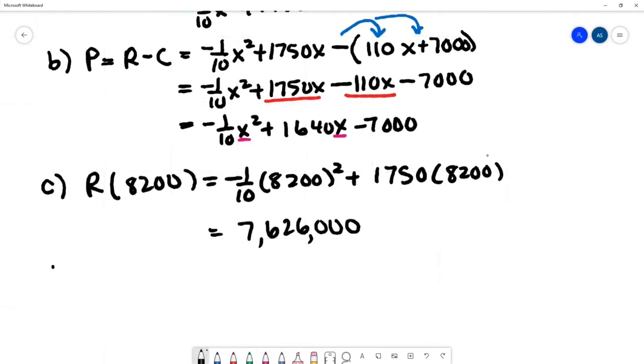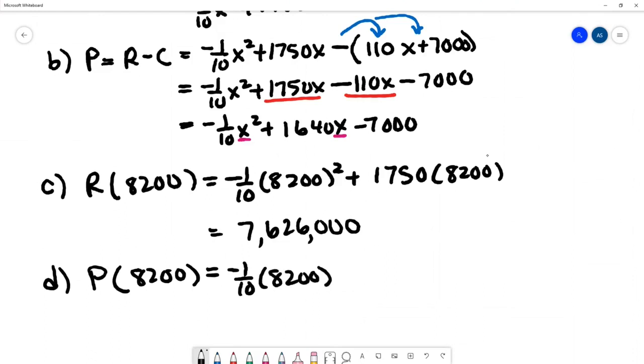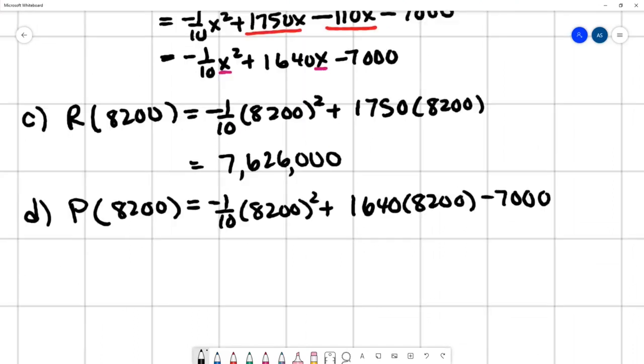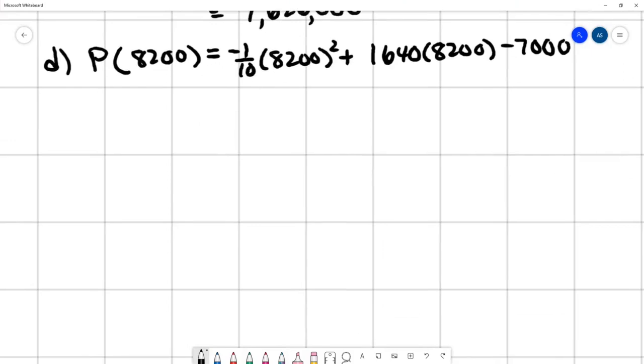So in part D, we're finding the profit at 8,200. That's negative 1/10 times 8,200 squared plus 1,640 times 8,200 minus 7,000. So let's get our calculator out for this.